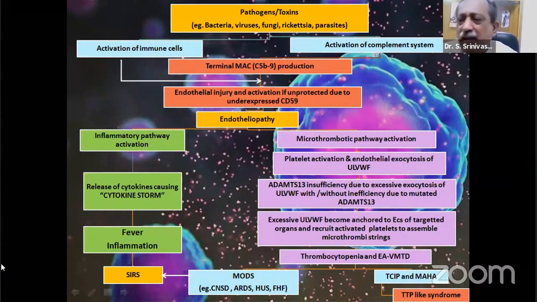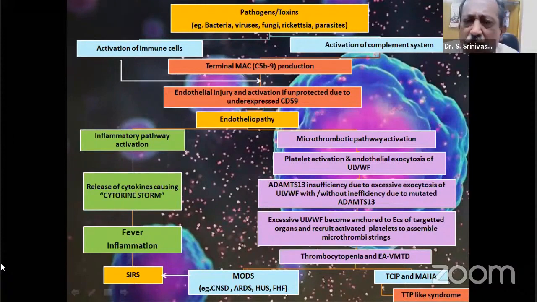See, any virus or bacteria, when they enter our body, is going to produce two important actions. One, it is going to activate the immunological cells. Number two, it is going to activate the complement system. When the immunological cell is getting activated, it is going to cause endothelial damage. At the same time, when the complement system is activated, what is going to happen?